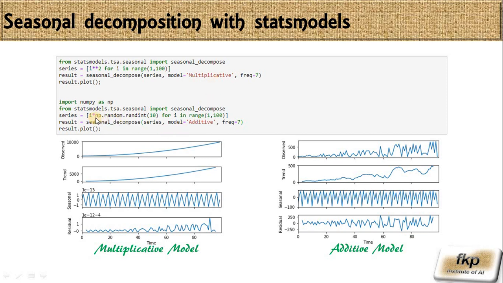Whereas here, what I am doing is multiplying the i value with some randomly picked value from 1 to 9. So obviously it will have jumps. It will go up and down like this. It is the observed.